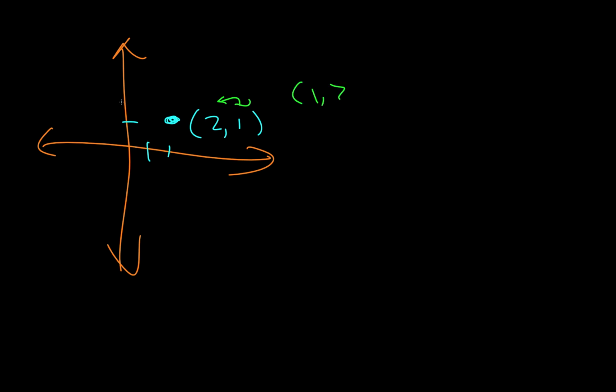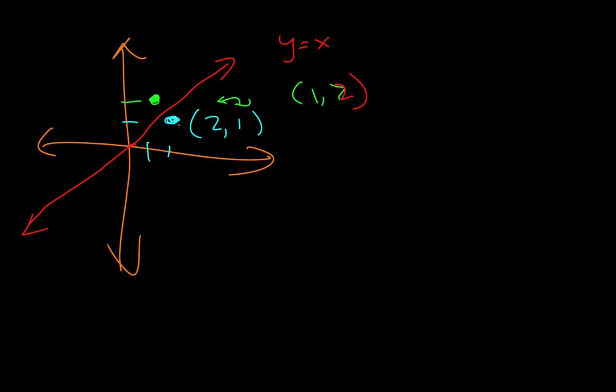So we go 1, 2, and it shows up right there. What it is, it's actually a reflection across the line y equals x.